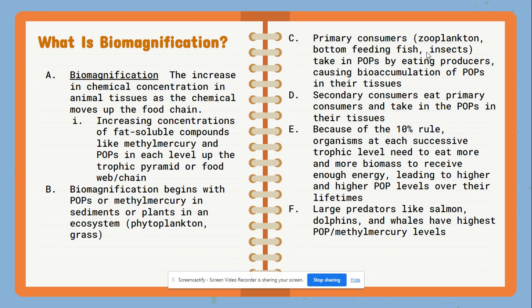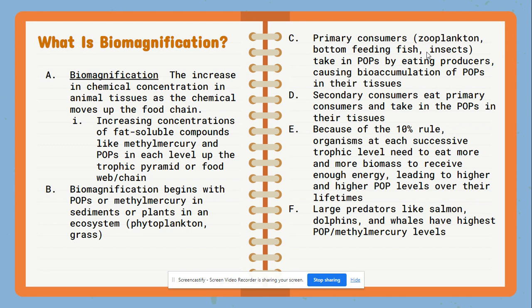Primary consumers, maybe like bottom-feeding fish, insects like grasshoppers, or zooplankton, are going to consume the producers that are now contaminated with that chemical compound. It is then going to bioaccumulate inside of their tissues. But when a secondary consumer then eats the primary consumer, they take in the POPs in that organism's tissues.